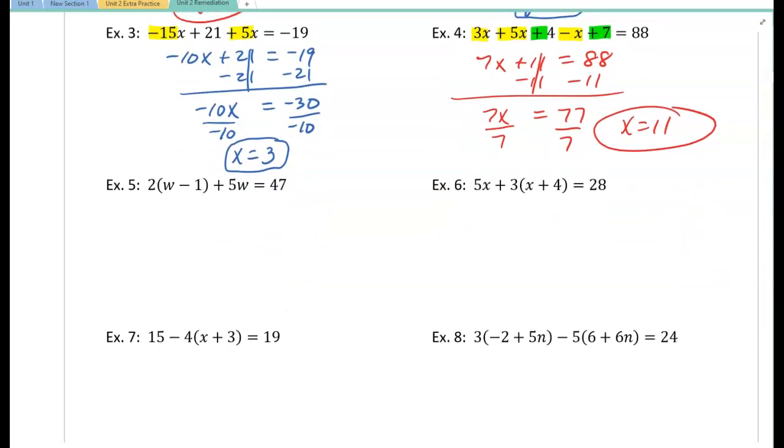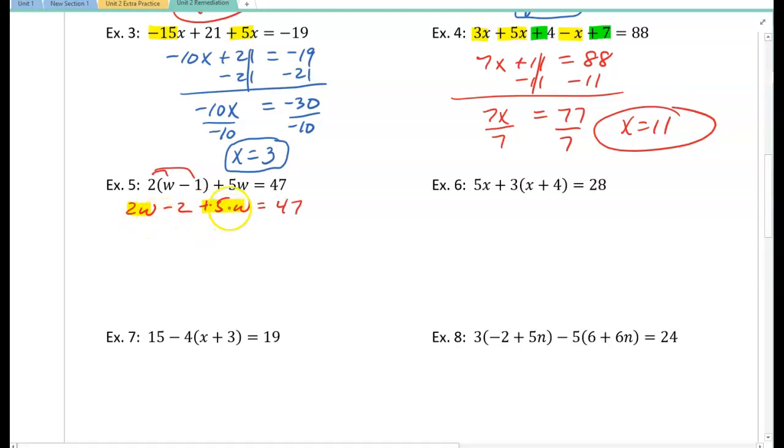So with example 5, I read this problem. The first thing I have to do is distribute this 2. 2 times w is 2w. 2 times negative 1 is minus 2. Plus 5w equals 47. Now, once I distribute, I have to look. Are there any like terms I can combine?